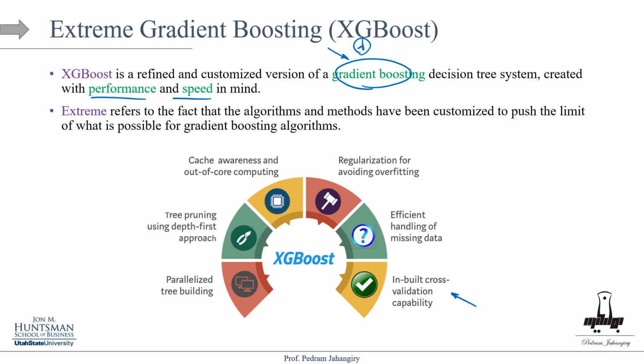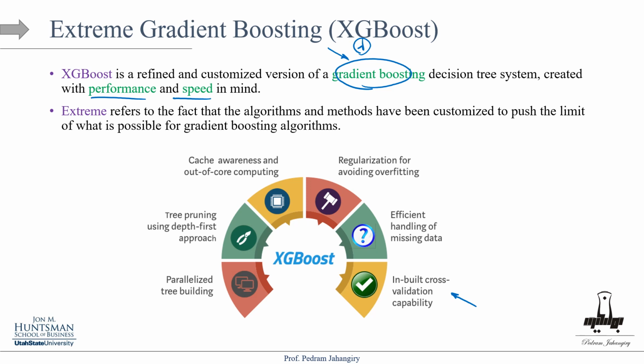The first one is going to be the inbuilt cross-validation capability. So what does it mean? We know that to avoid overfitting, at the end of the day, we can use cross-validation and tune the hyperparameters of the model. But in XGBoost, instead of waiting for the model to be trained and then going back to do the cross-validation, it's going to do the cross-validation at each boosted tree.